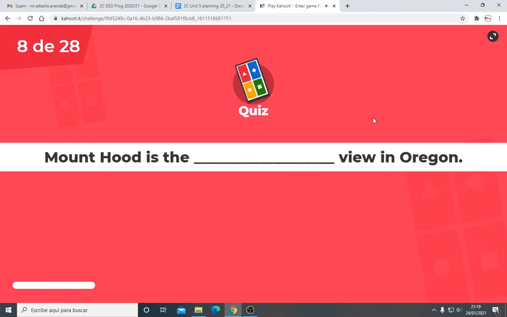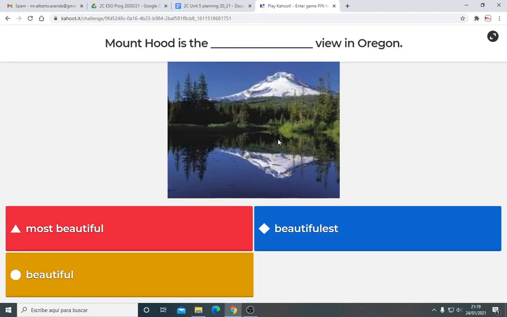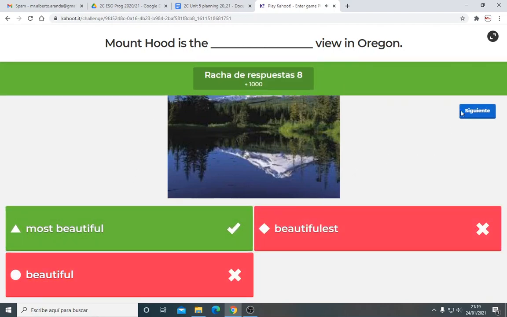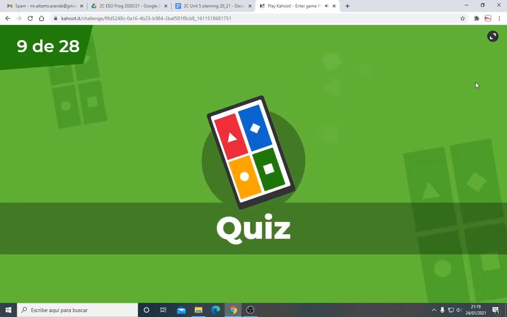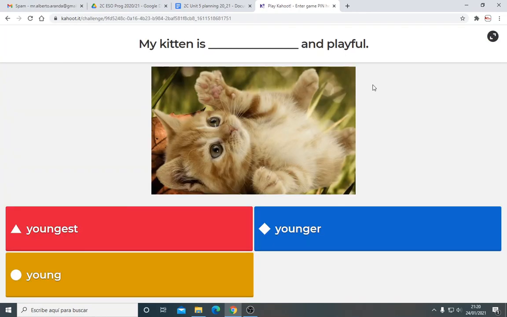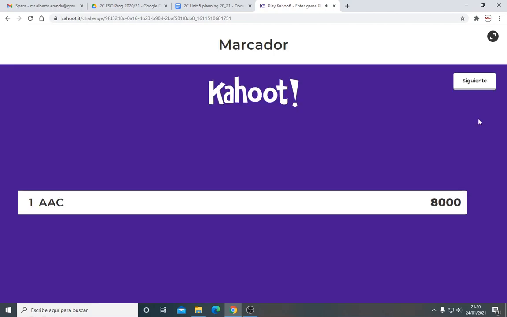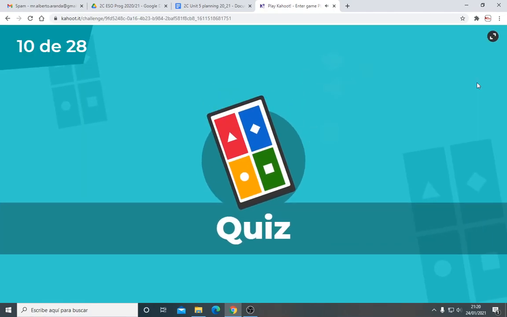Mount Hood is, it's all superlatives. Beautiful, it's a long word, it's got more than 1 syllable and doesn't end in Y, so the most beautiful. Yeah, this is not a comparative, this is just a normal adjective.